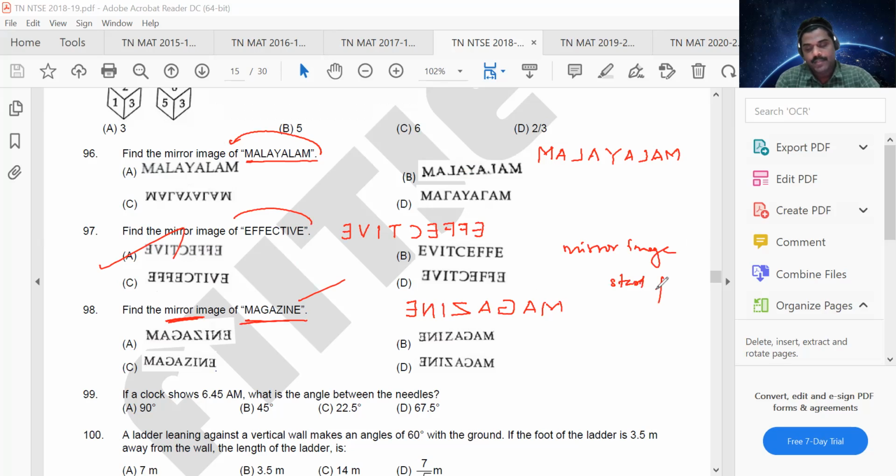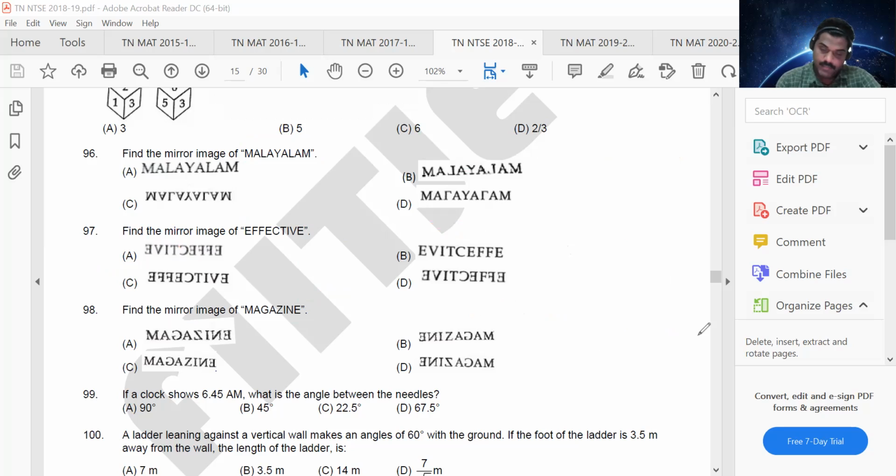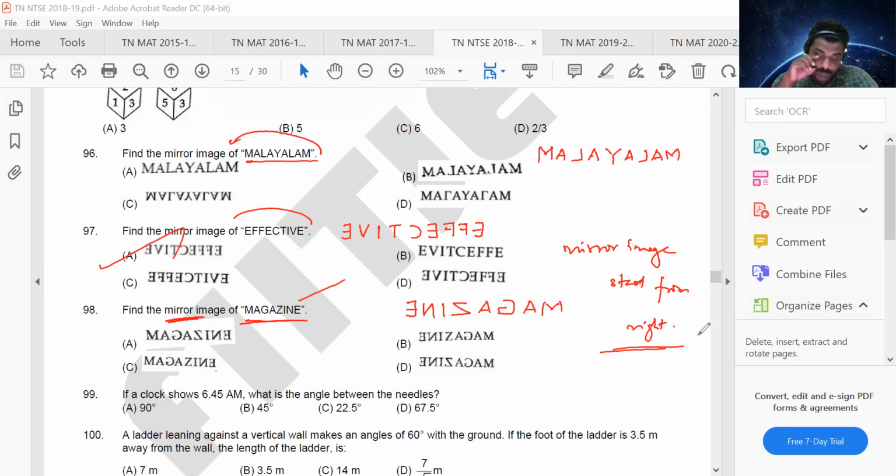So that would avoid your confusion. Start from right side of the letters. Right. Moving on. So what was your answer now for this magazine? ENIZAGAM. Right. So option number 4. So that is your D.